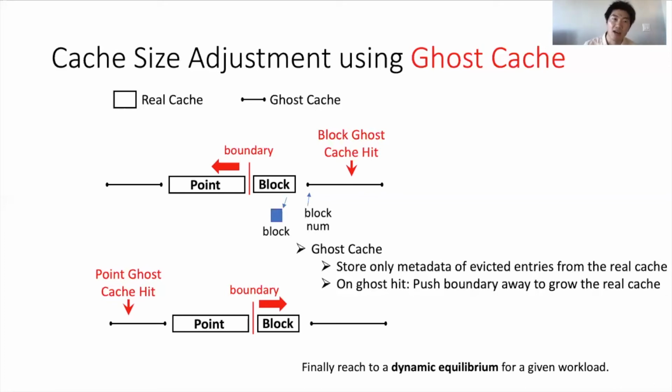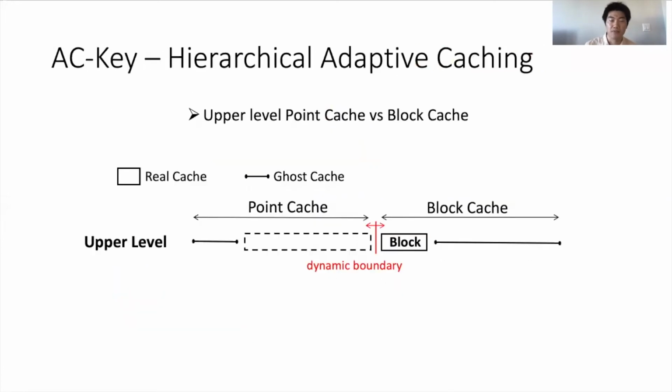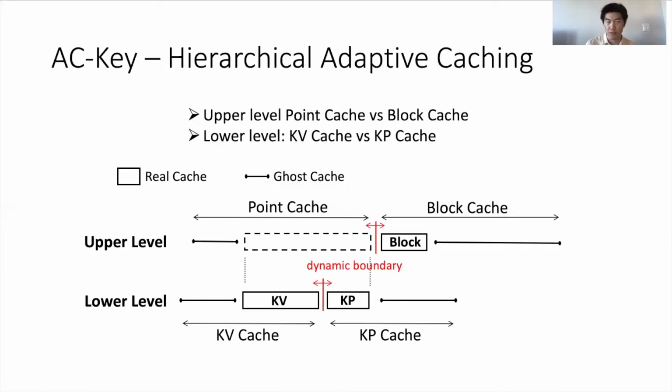This is the high level of how we adjust the boundary between point cache and block cache. Within the point cache, we use the same technique. Here we have a more detailed figure. In the upper level, we adjust the boundary between point cache and block cache using ghost cache.